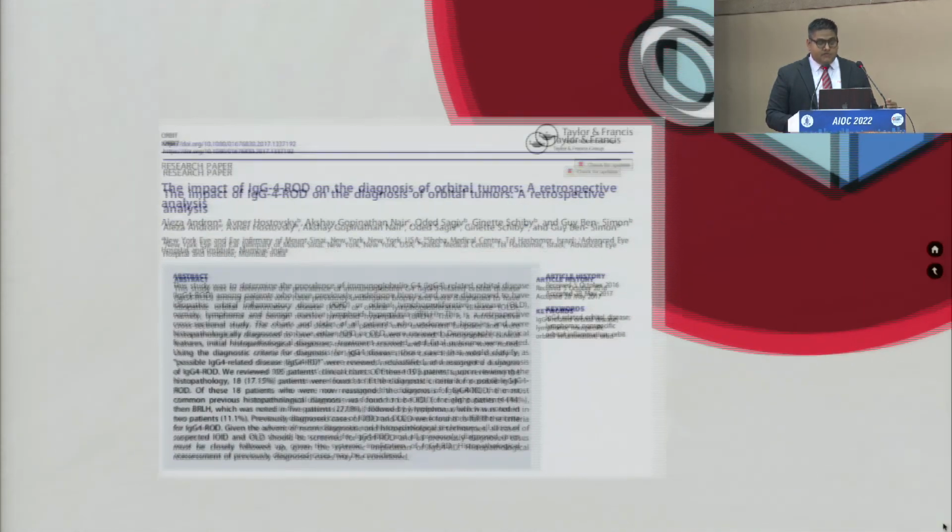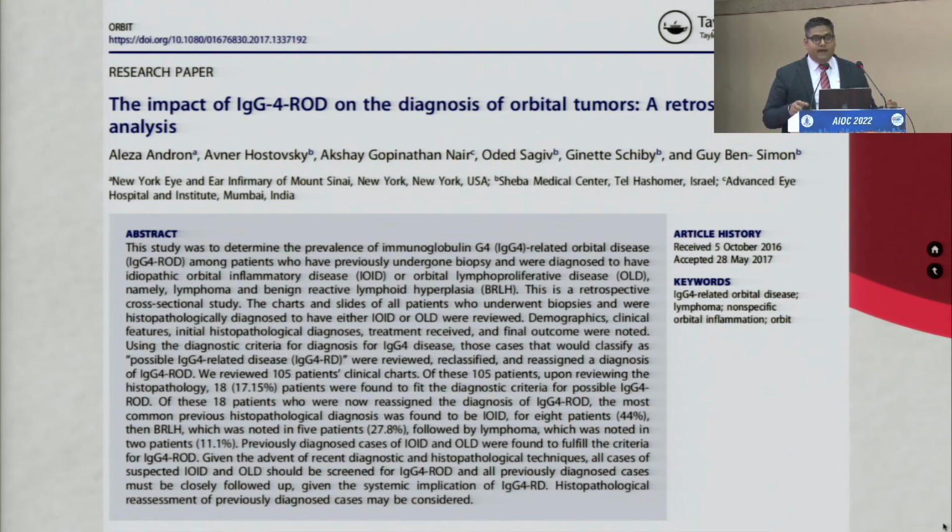This was one of the papers where we had actually gone back to all orbital biopsies done in the past 10 years and restained them with IgG4 to see what the outcome was. And we saw that 18 cases, or 17% of the patients who were previously diagnosed as something else, actually had IgG4 disease.